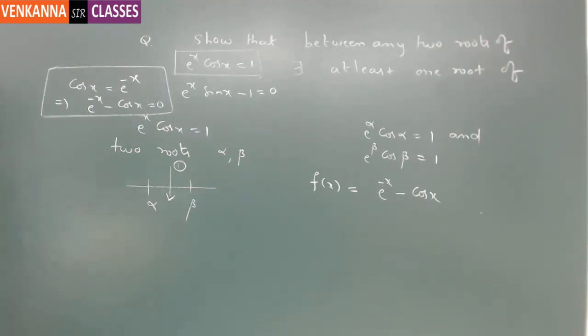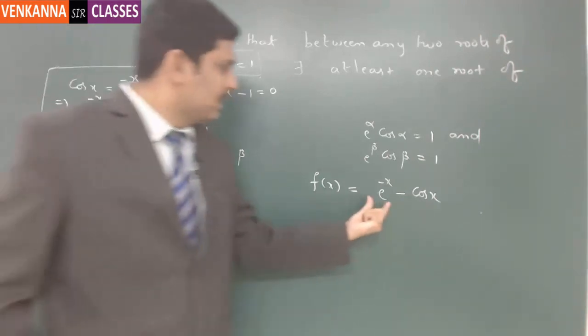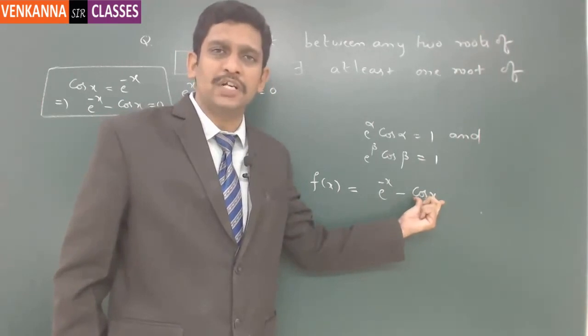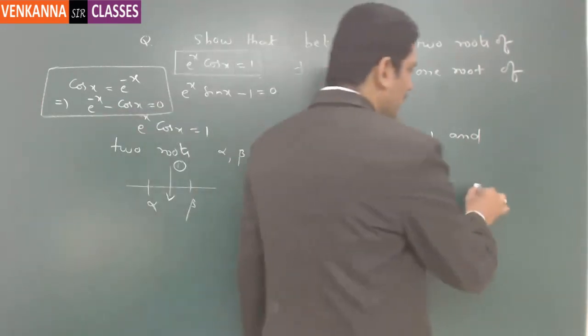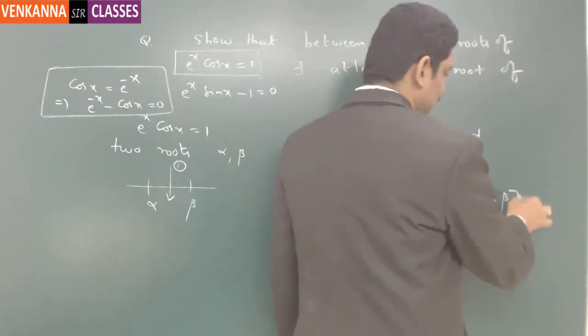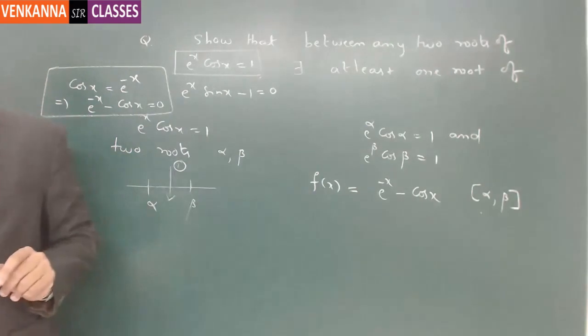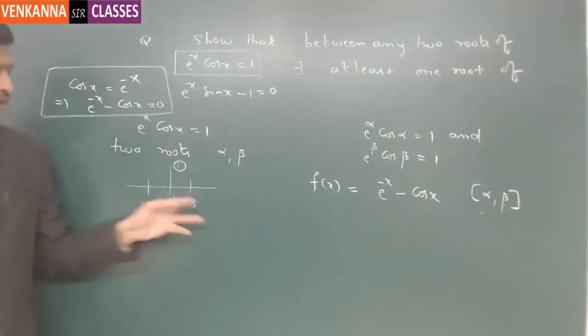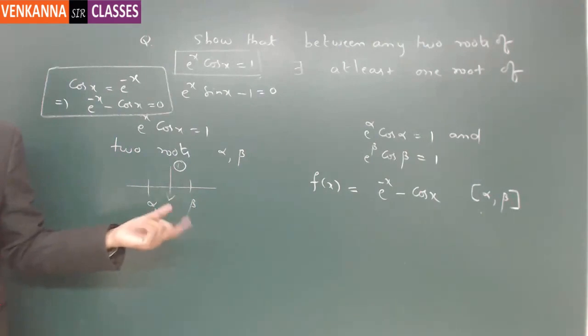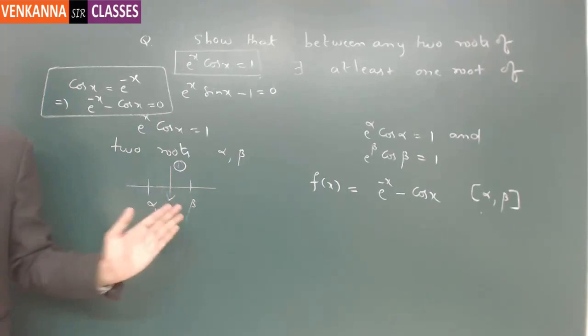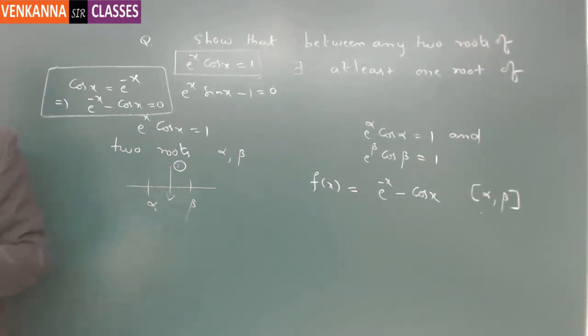So I have taken f of x is equal to e power minus x minus cos x. Since it is an exponential function, it is continuous, and the trigonometric function is also continuous on the interval alpha beta, and they are differentiable too on the given interval. Between the two roots alpha and beta, I trivially assumed that alpha is the small one and beta is the big one. You can take beta alpha also. Generally we write alpha beta for our notation convenience.